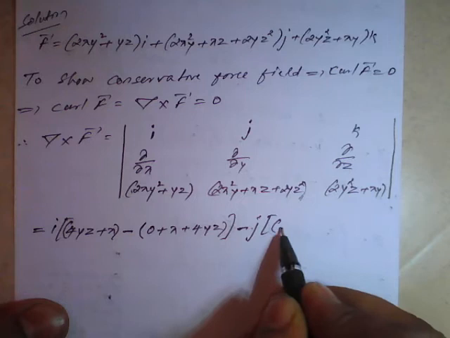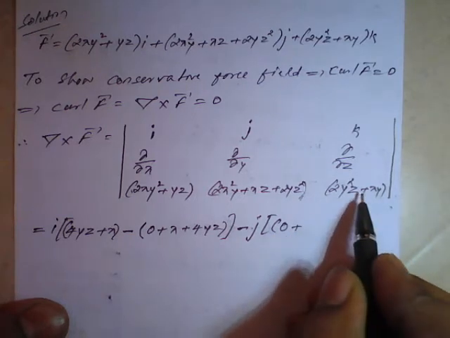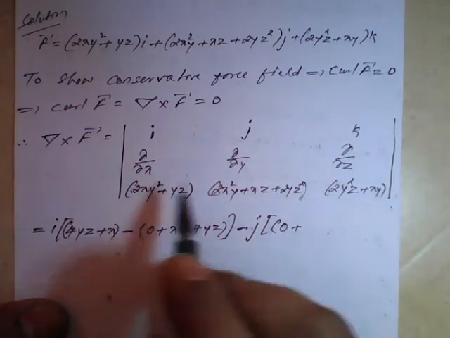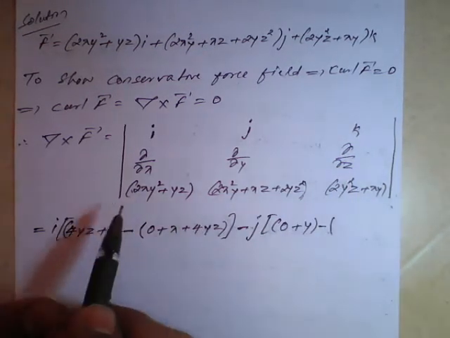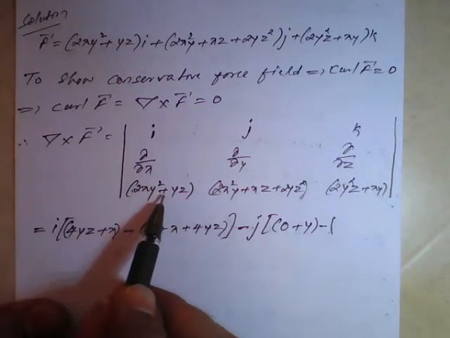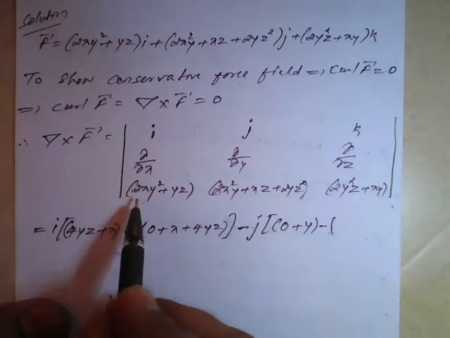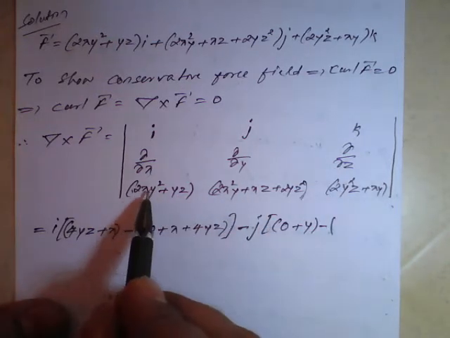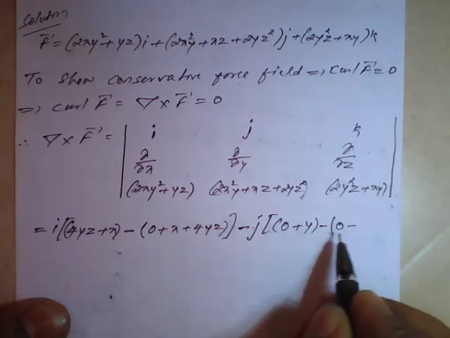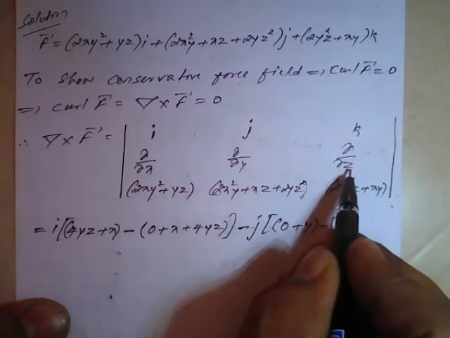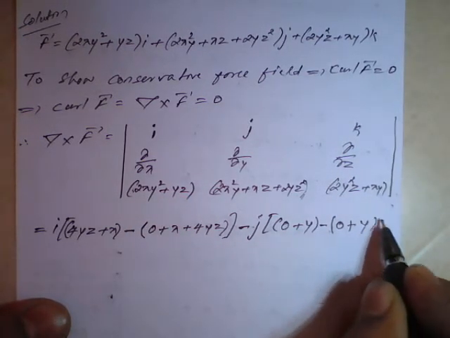It is constant, 0, plus xy with respect to x partially is y. Formula minus, next, dou by dou z of 2xy² + yz: with respect to z, 2xy² is a constant which is 0, plus yz with respect to z is y.